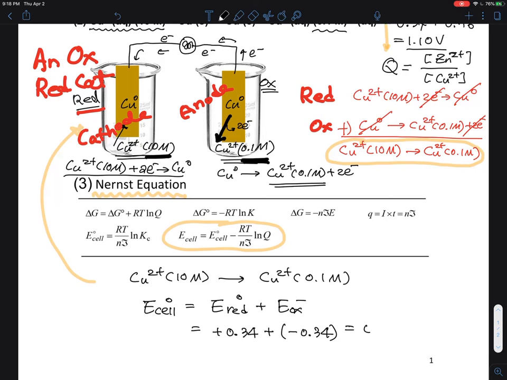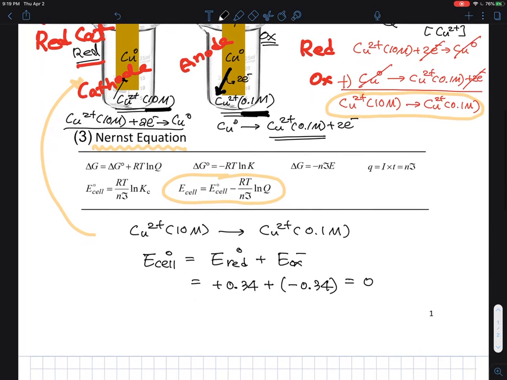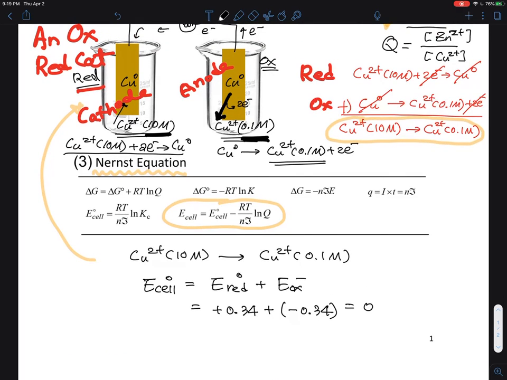So you have a standard cell electrode potential that is actually 0 for this. The cell has the same kind of component, just with a different concentration. Okay. But now, having said that, what is Q here? And Q in this one, because of the way it is written, is copper 2+ high concentration over copper 2+ low concentration. So that means 10 molar over 0.1 molar. Okay.